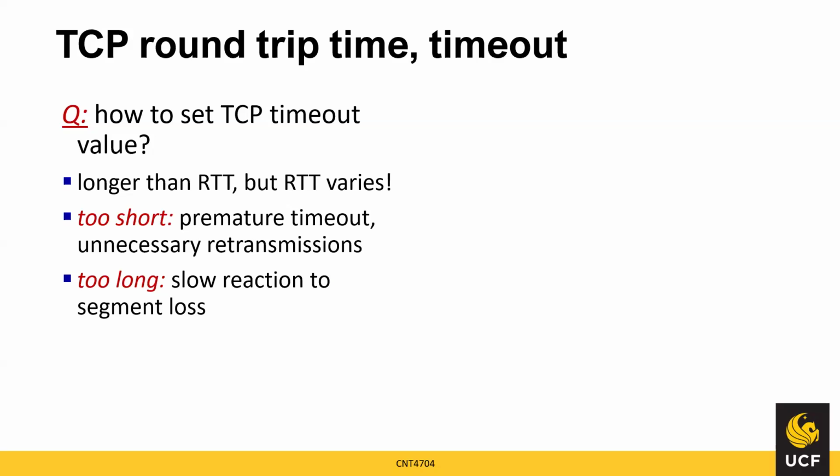So we've seen the sequence numbers and the acknowledgements that keep track of reliable data transfer. But there's a slight issue we have not discussed: how does TCP set its timeout values? Is it randomly set? How do they configure these specific timeout values?